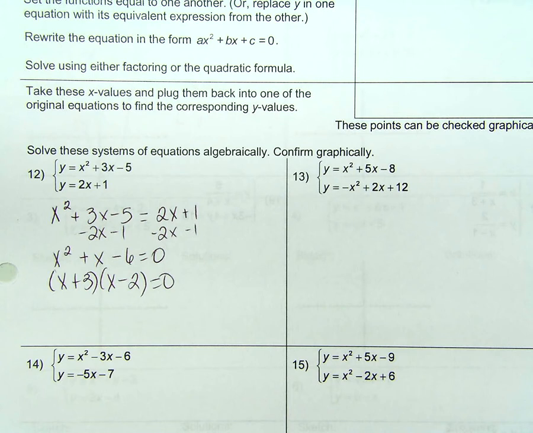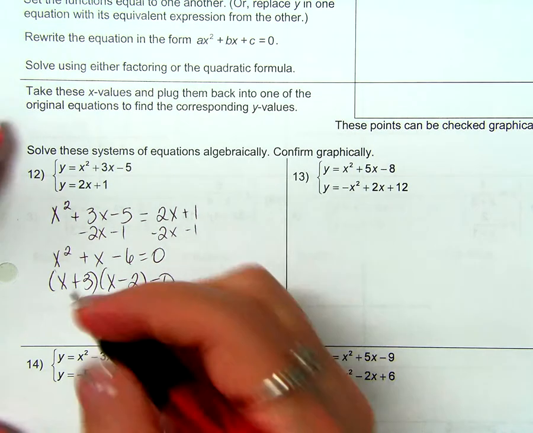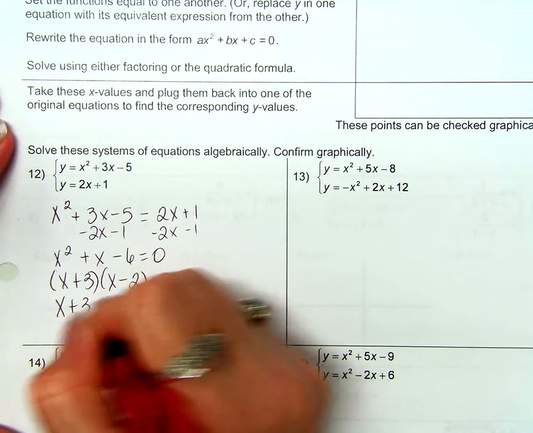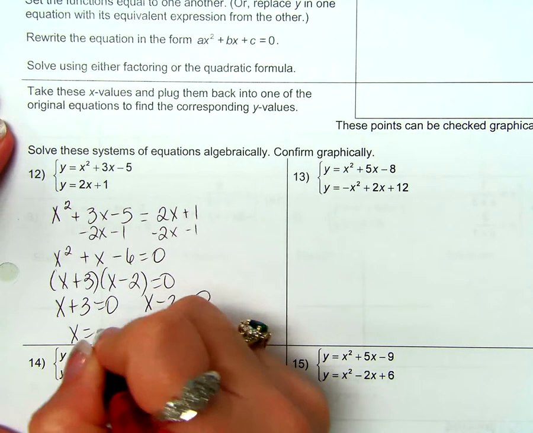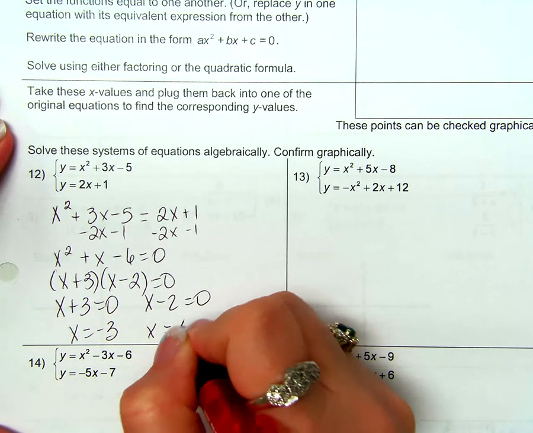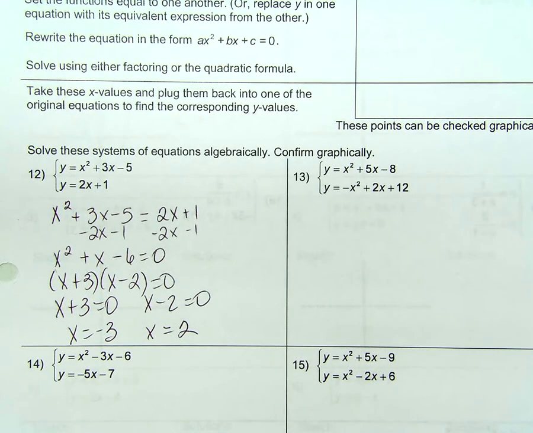What do I do after I have that side factored? Very good. Set each factor equal to 0. Excellent. So x equals negative 3 and x equals 2. And then I'm done. Yay!